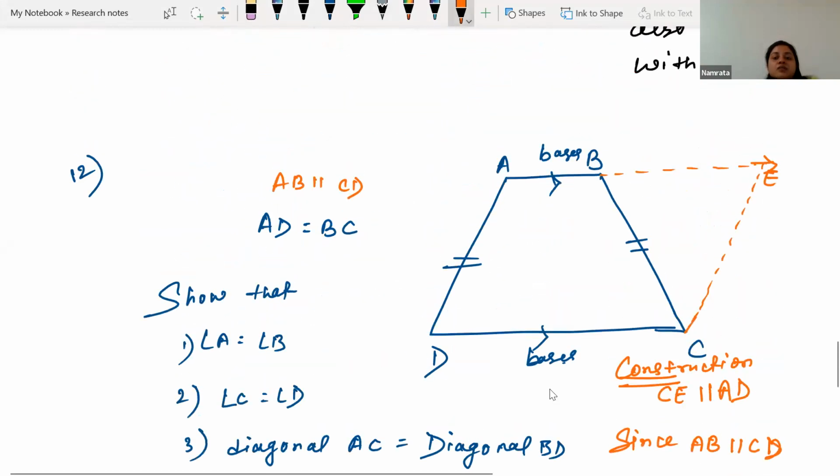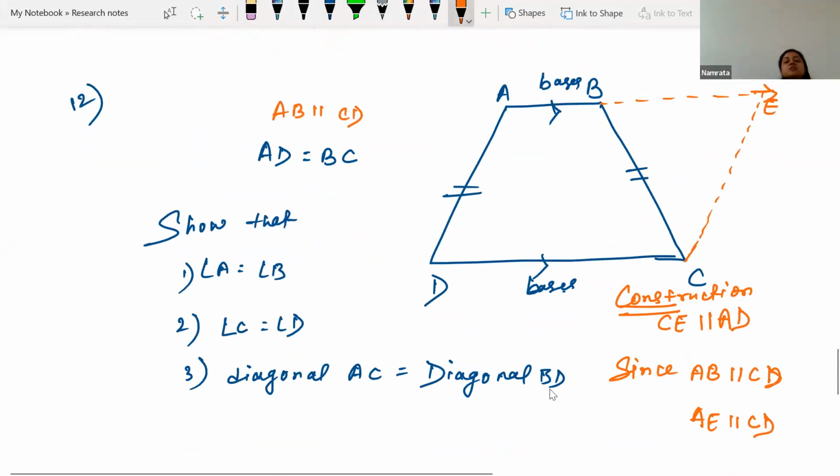So here what we had, AB is parallel to CD. We are saying since we are stretching the side AB, that is AE will also be parallel to CD. Now what do we have in hand? Here opposite sides are parallel.